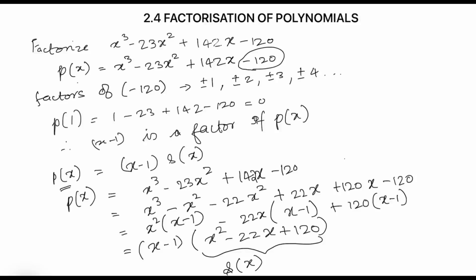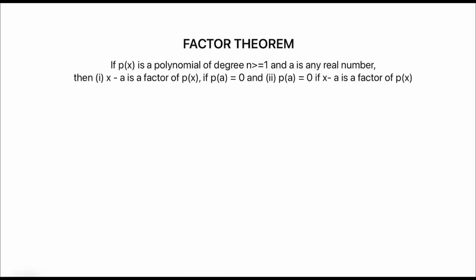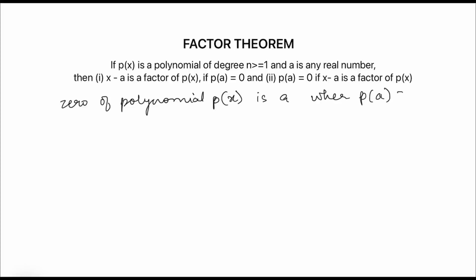We can further split s of x using a similar methodology. We've already defined root of a polynomial or zero of a polynomial. So a zero of a polynomial p of x is a, where p of a is equal to 0.